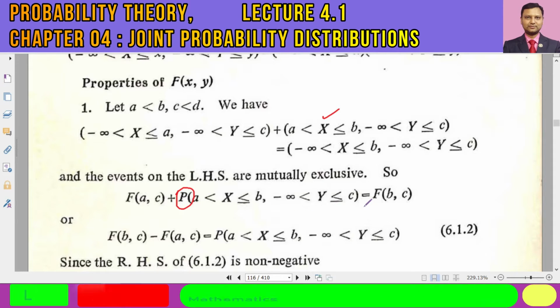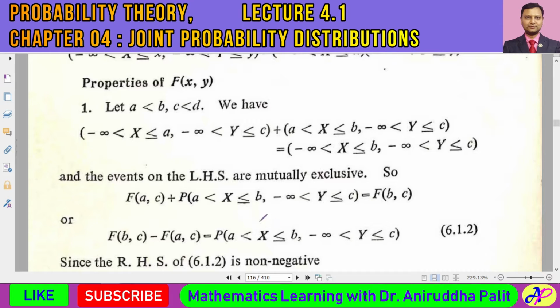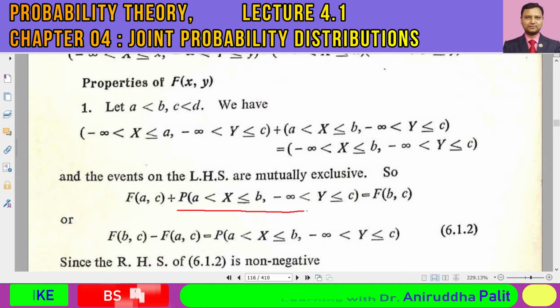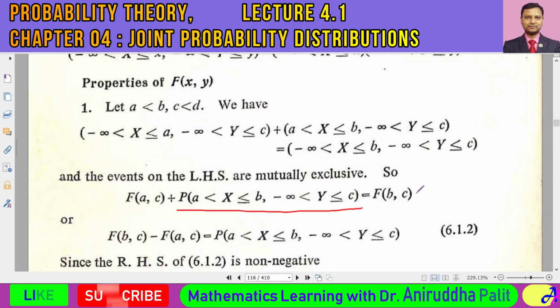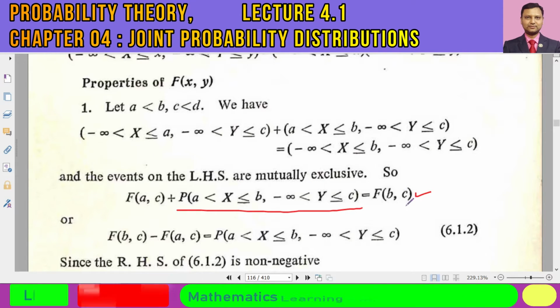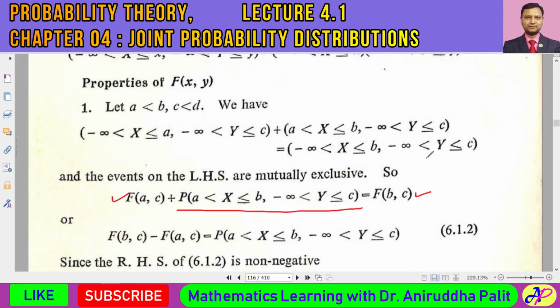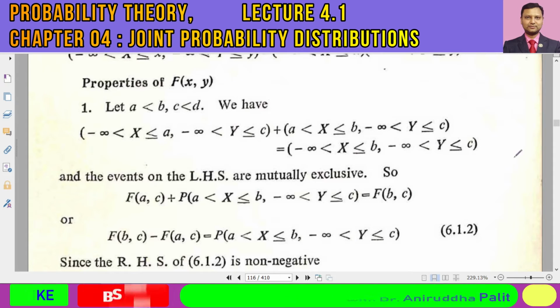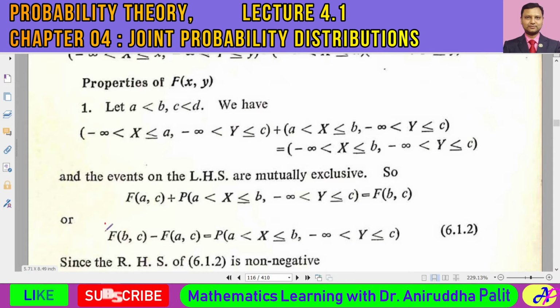What we find from this result is that the probability of this event can be written as f of B comma C minus f of A comma C. All right.